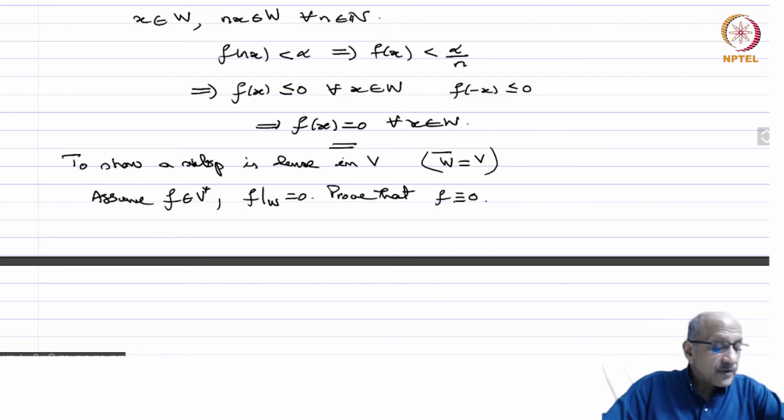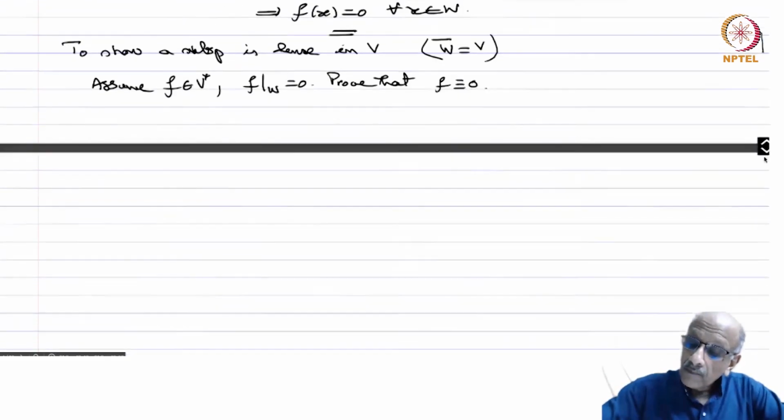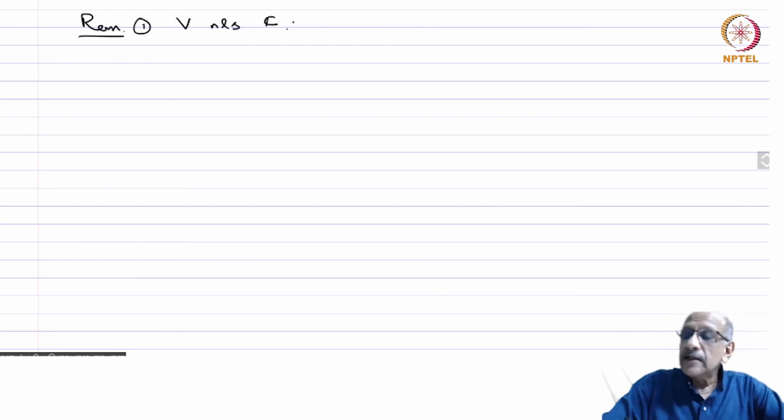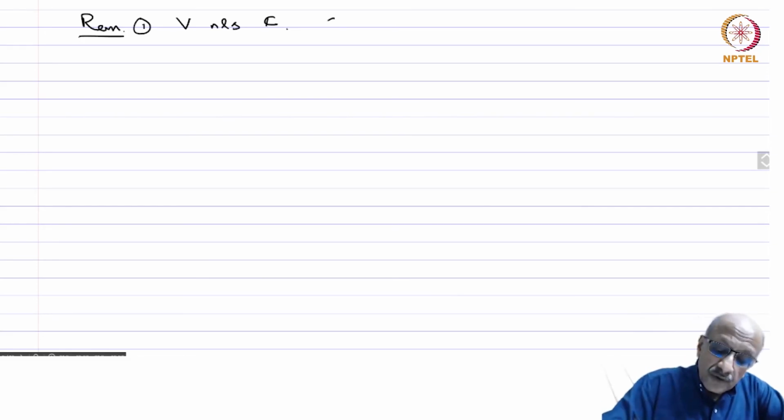So a couple of remarks. Remark 1. If V is a normed linear space over C, then you know that linear functionals are essentially given by their real part, and therefore the conclusions of HB work for the real part of f.